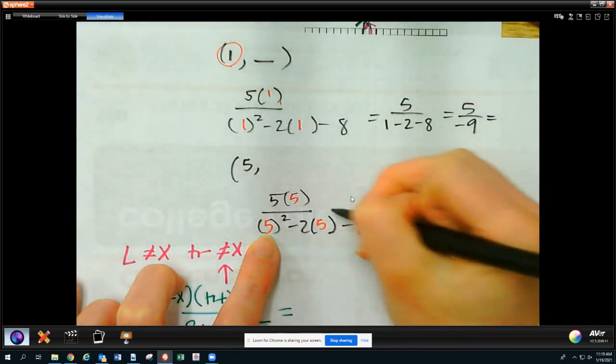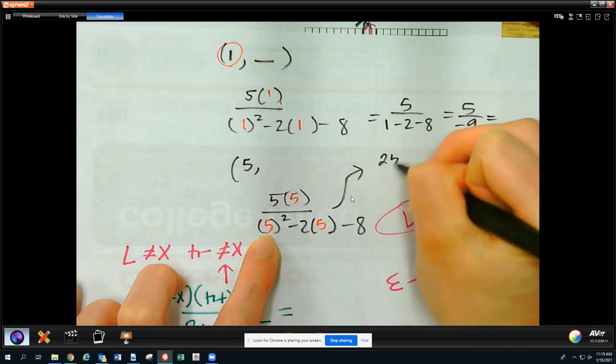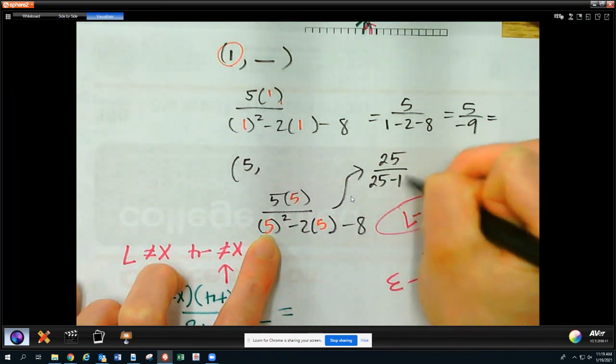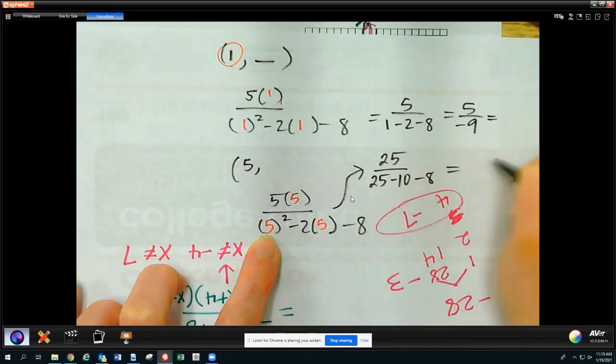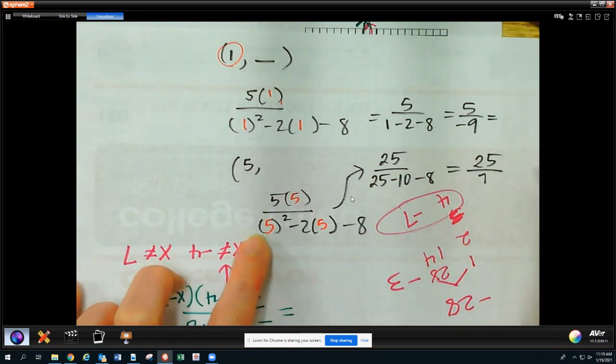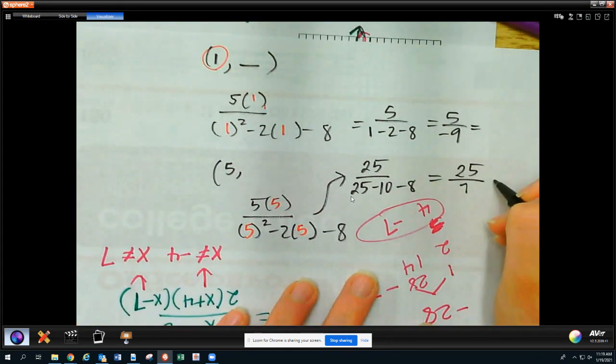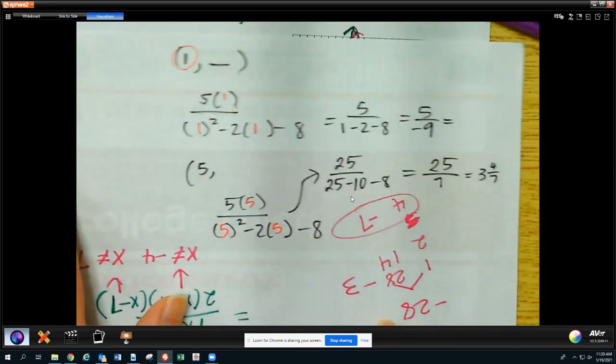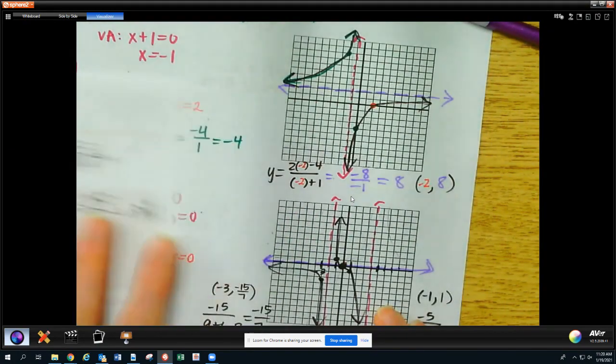So on top, I get a 25. On bottom, I get 25 minus 10 minus 8. So 25 over 15 minus 8, which is 7. It's a little bit bigger than 3. So about 3.5.